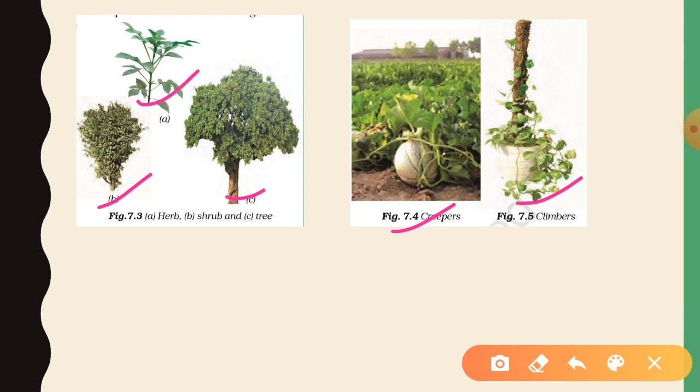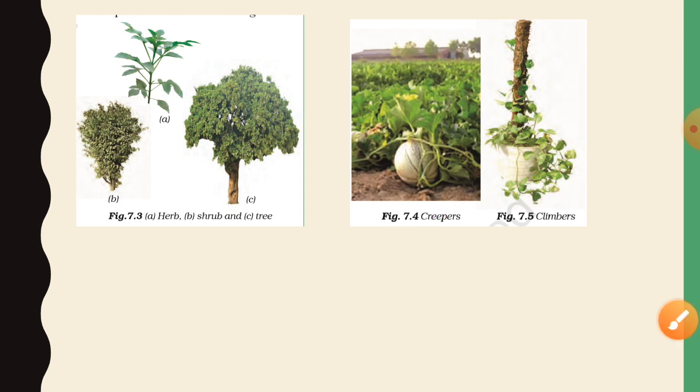So you have to observe whether their stem is green or brown, soft or woody, thick or thin, whether their branches start at the bottom or at the top, whether they are growing vertically or horizontally. These observations will help us to know more about plants.